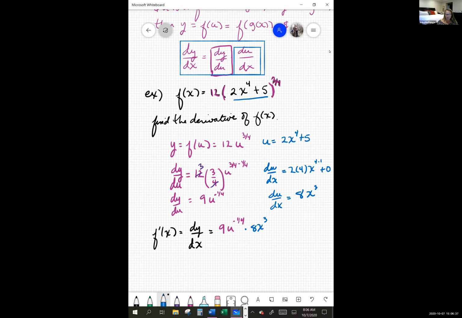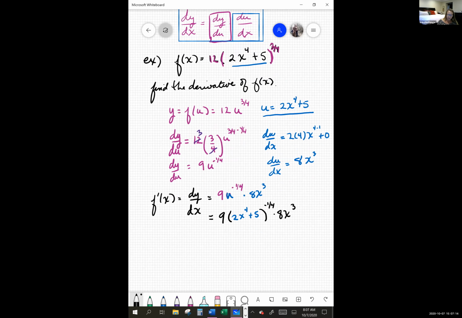So when we use this form, we have to go back and substitute what u is in terms of x. We were given that u was 2x to the fourth plus 5. So this is equal to 9 times 2x to the fourth plus 5, all raised to the negative 1/4 power, all times 8x cubed.